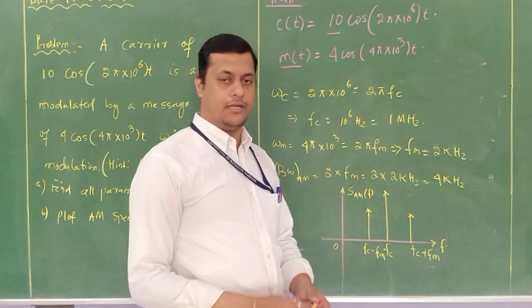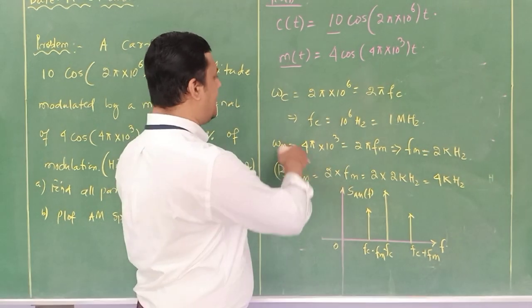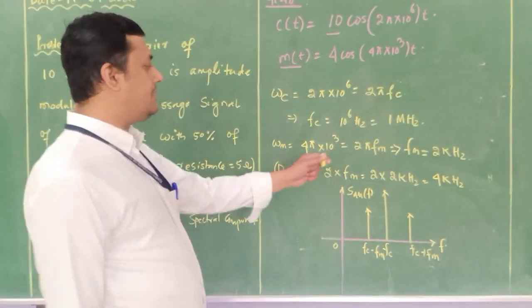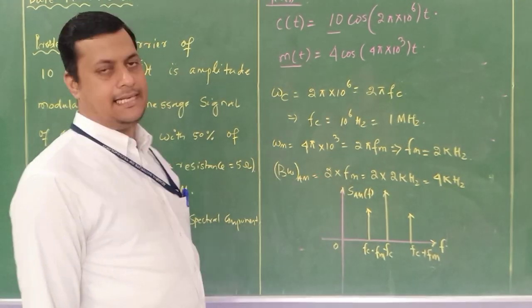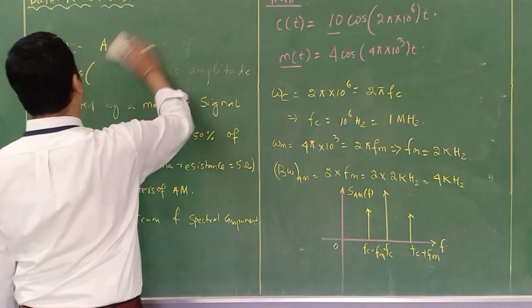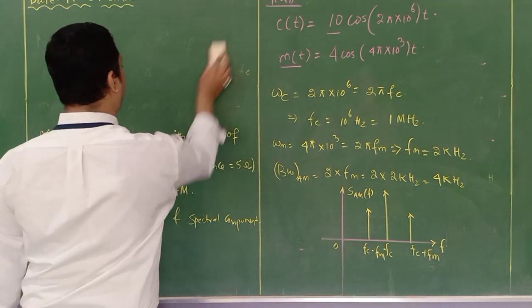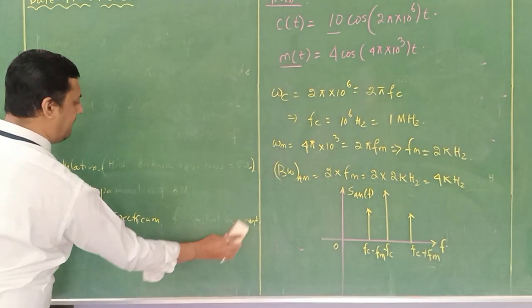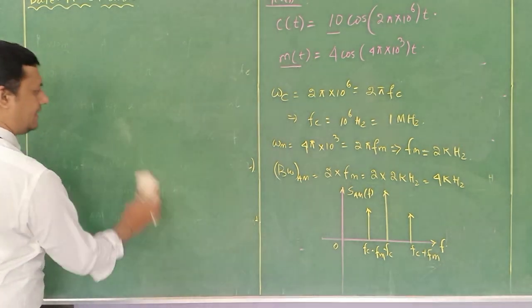That we have to calculate and represent in this particular spectrum. Now as I have calculated, Fc is 1 MHz, Fm is 2 kHz and bandwidth is 4 kHz, that we need to represent here. So I will represent the positions first, then I will represent the amplitudes.